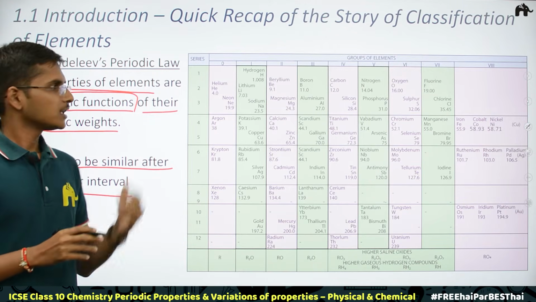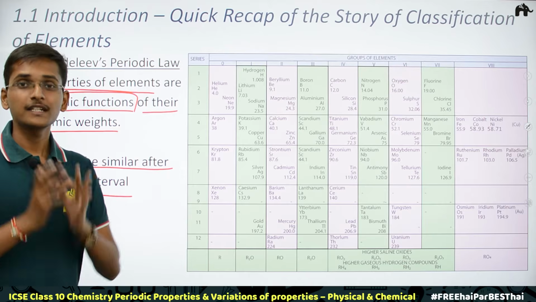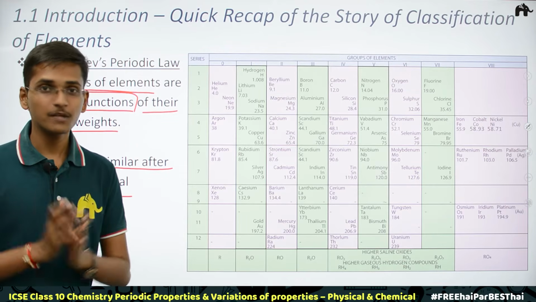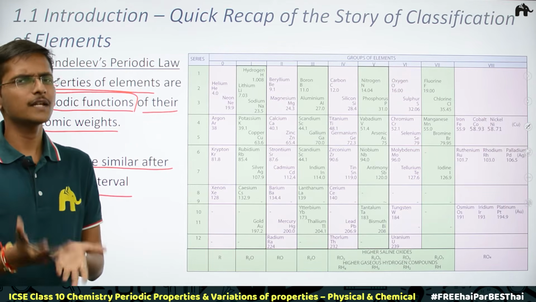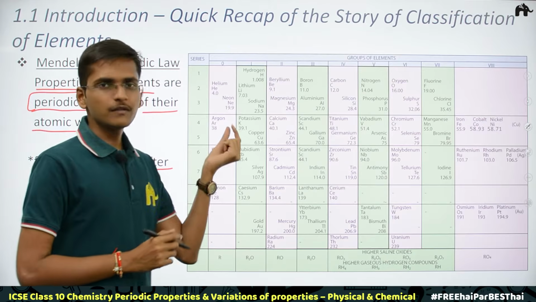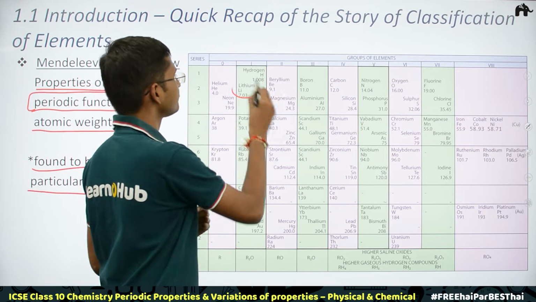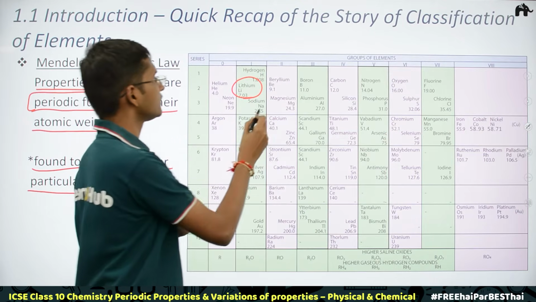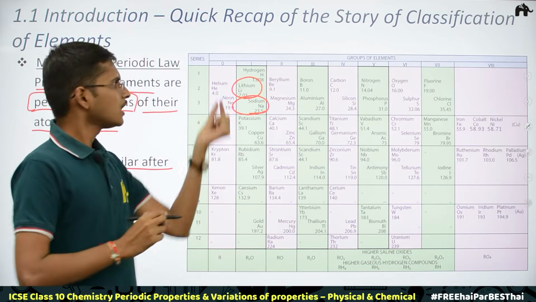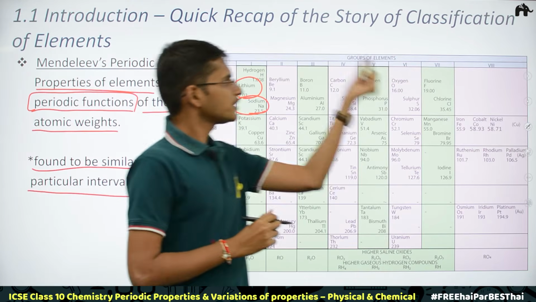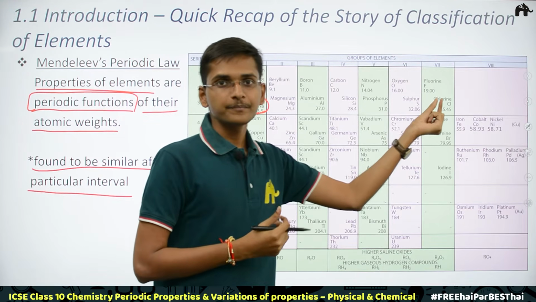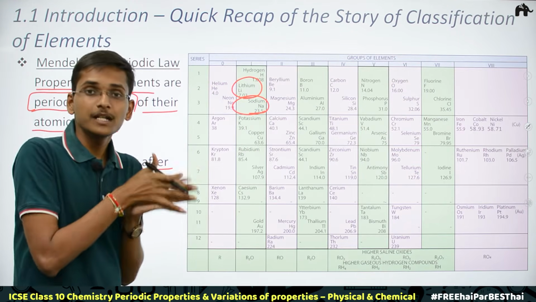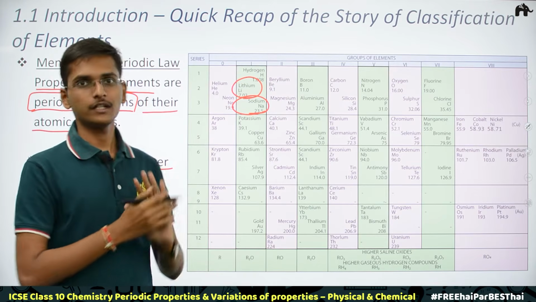What I told you, the third thing, which was the most important thing, is that he arranged the elements having similar properties in the same vertical column or same group. So what he observed is, see, after lithium he went till fluorine, and then again he placed sodium below lithium. So after lithium, after a particular interval of atomic weight, he found an element having similar properties to lithium.